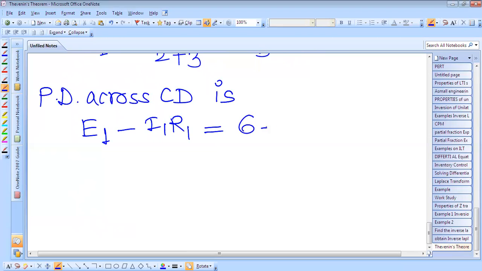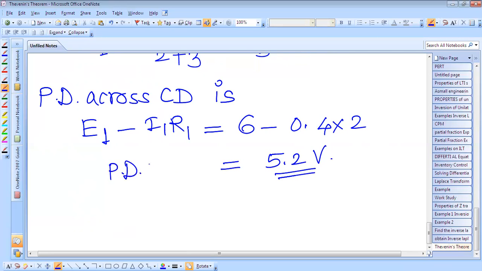It is 6 volt minus I1, which we have got as 0.4, into R1 resistance, which is 2 ohm. If we find this, we'll get 5.2 volt. So the potential difference across CD is equal to 5.2 volt.